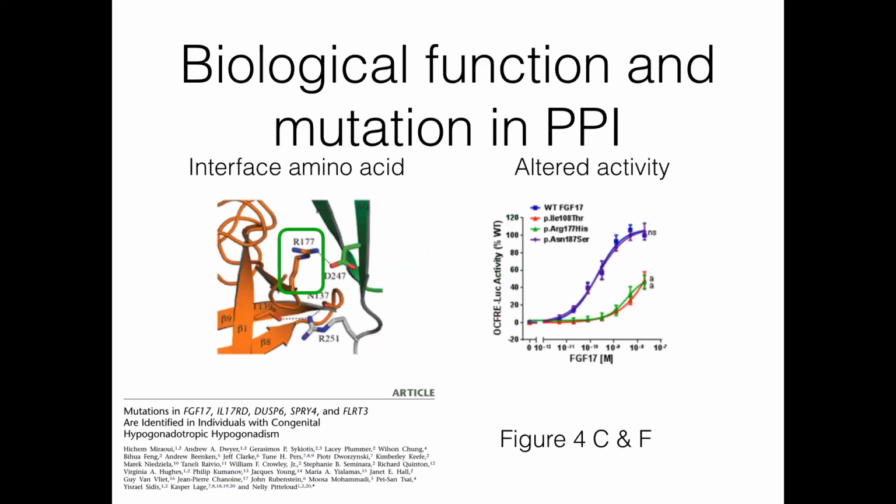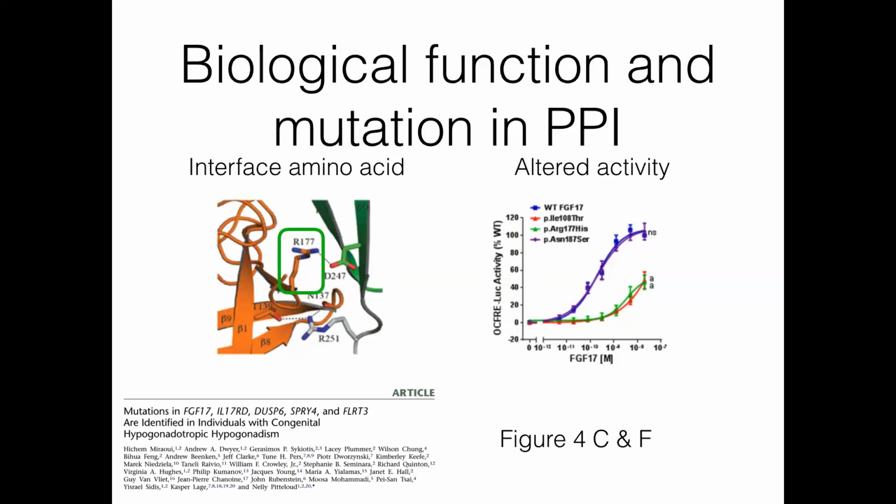In the paper, they show how a luciferase assay shows the activity based on the protein variant. If you follow the dark blue curve here, you can see that when FGF17 is added, the activity will go up to 100%.